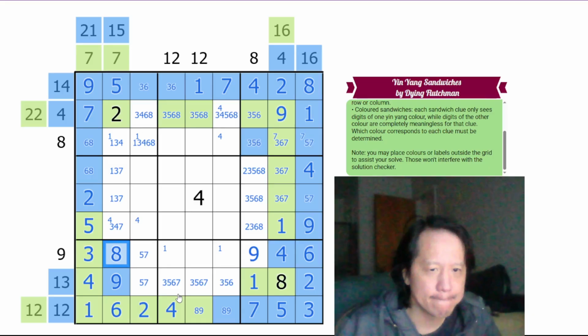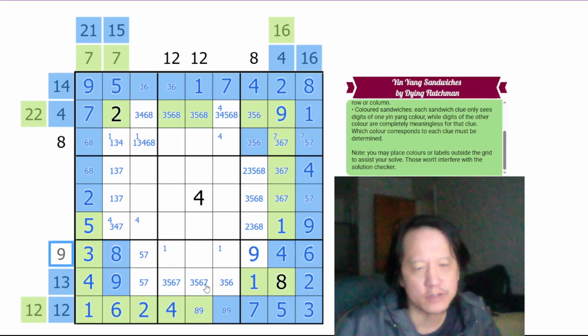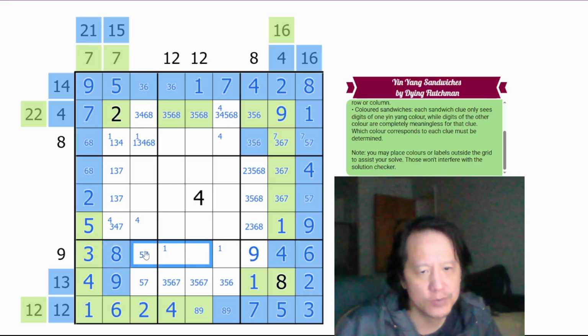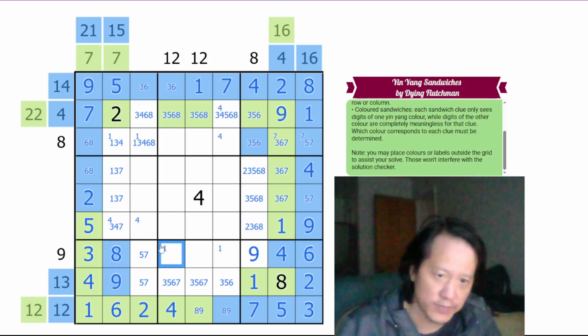So we don't know what color that is. It's blue or green. If the 1 is here, then it has to be between the blue, so the 1 would have to be blue. This would have to be 2 somewhere here, and this could be 7. If the 1 is here, though, 7 obviously can't be here.